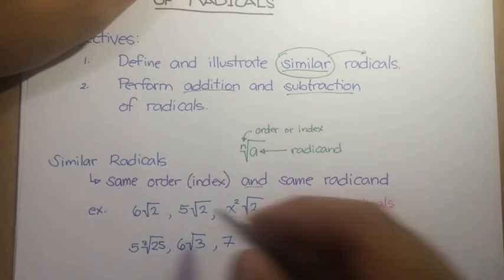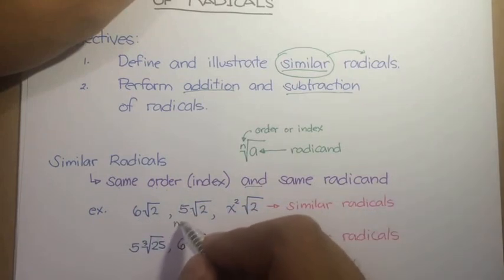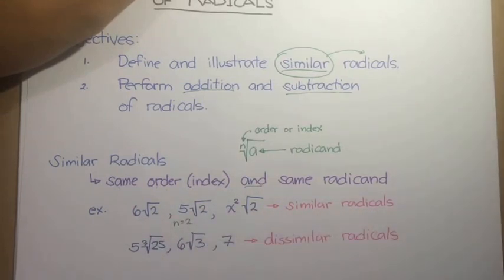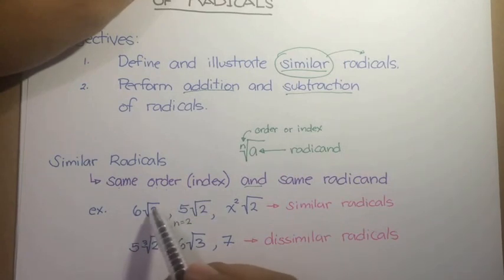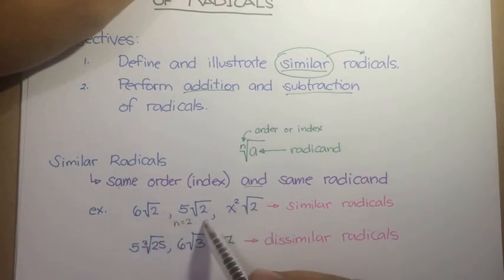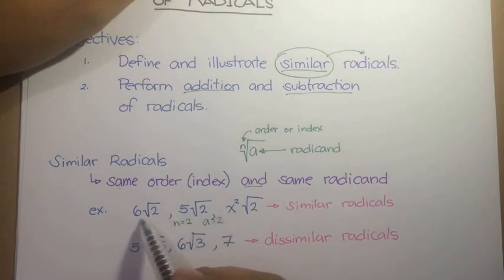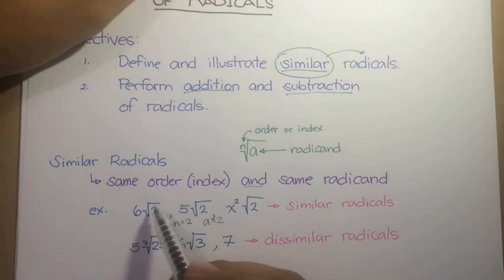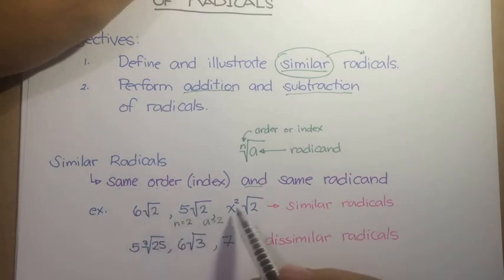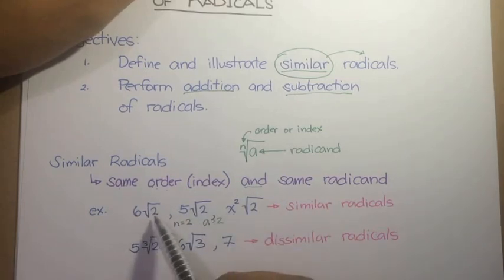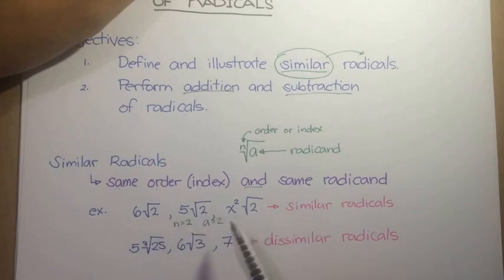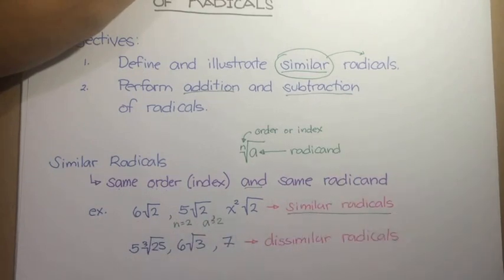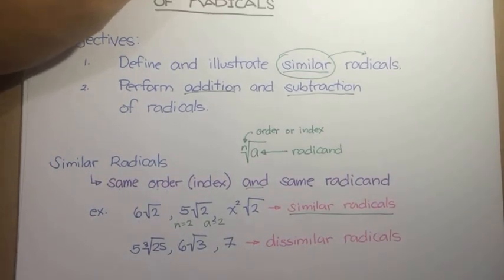So for all of these, n is equal to 2, and the radicands are also equal to 2. These three have the same order and the same radicand. Therefore, they are similar radicals.